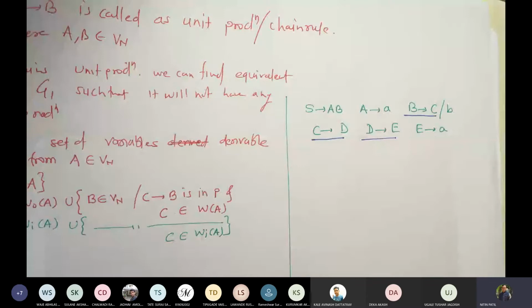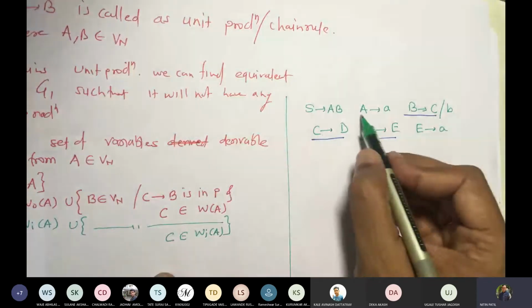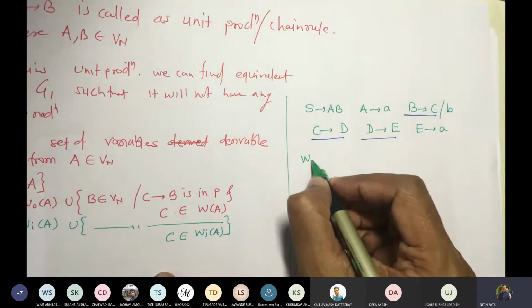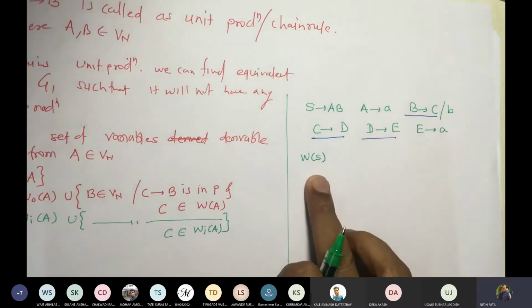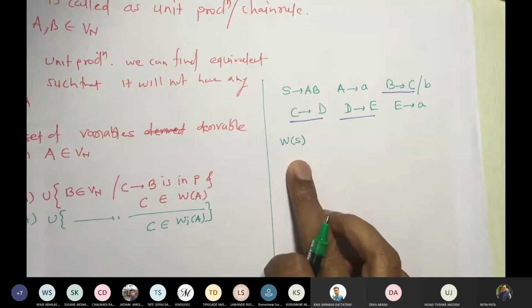For that purpose, we have to construct W for each one of them. So if I start with W of S, is there any unit production for S?